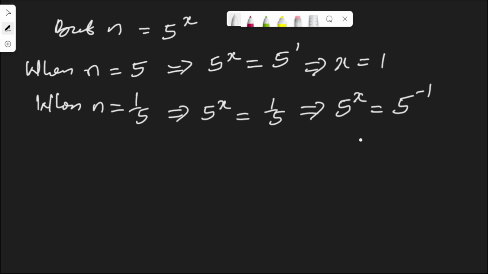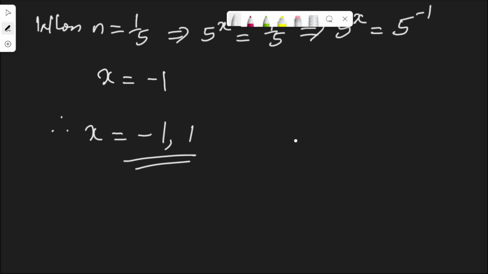And equating the powers, x is equal to -1. Therefore, the values of x are 1 and -1. That is it for question number 2.